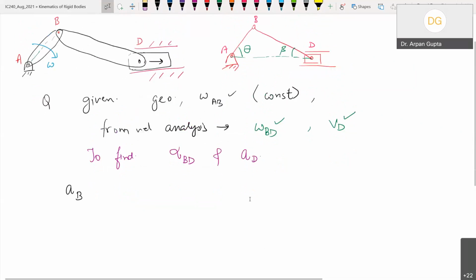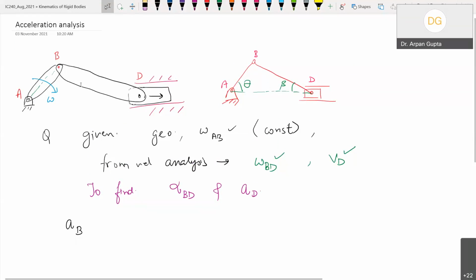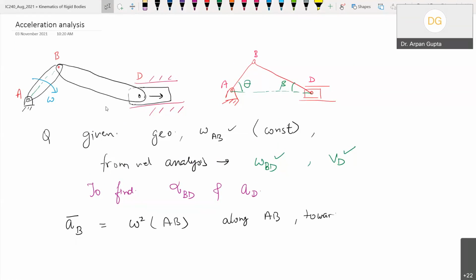The point that we know completely is point B. So the acceleration of point B I can write as omega square times r, which is AB, and this is along AB towards A, right, towards the center.